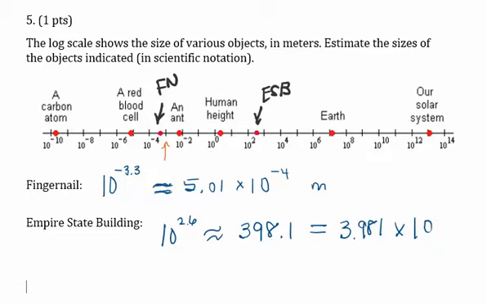So how I determine that power is to decide how many spaces I would have to move it. What would I multiply by to get back to 398? And that's really by 100 or 10 squared, but you can just count how many decimal places this is, which is 2. So about 3.981 times 10 squared meters.